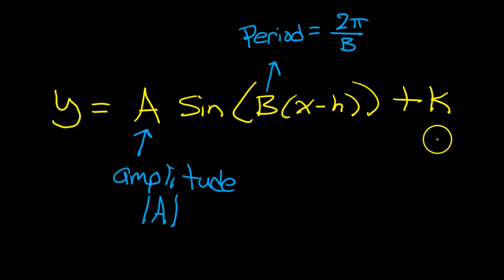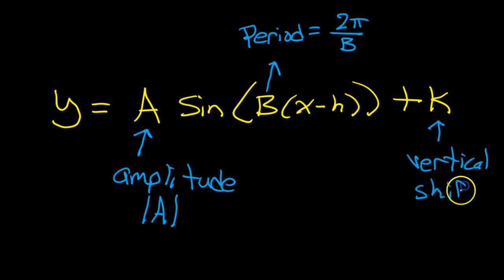The k value is going to be a vertical shift, or a vertical translation. All right, so if this is a positive number, we're going to shift up. If this is a negative number, we're going to move down. And finally, this h value is going to be a horizontal shift.